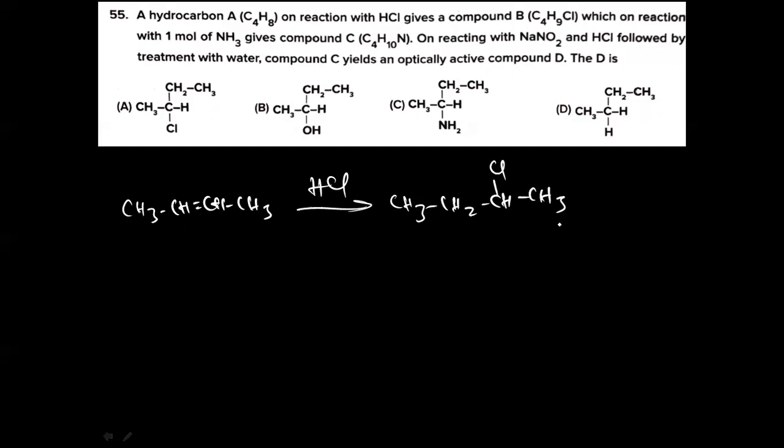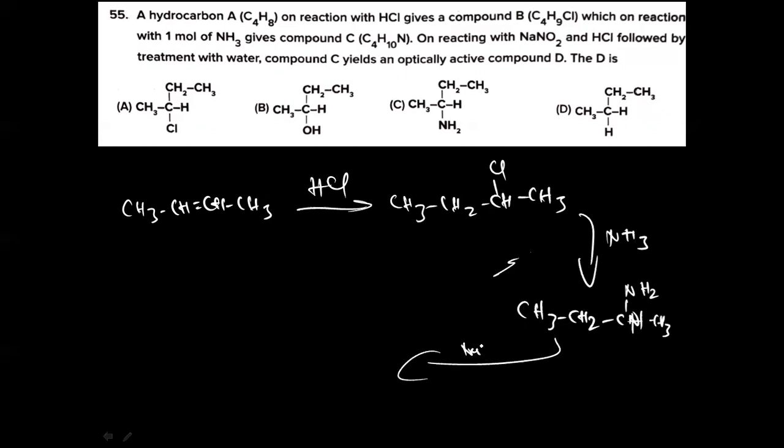So 2-chlorobutane, which on treating with NH3 gives CH3CH2CH(NH2)CH3, where the NH2 group is added. This on treating with NaNO2 in HCl gives a compound which is optically active: CH3CH2CH(OH)CH3. For it to be optically active, there must be a chiral carbon atom.